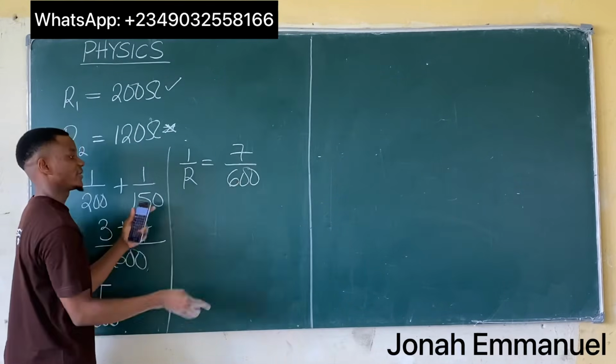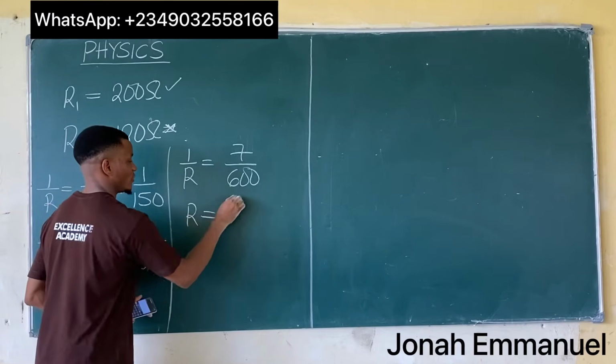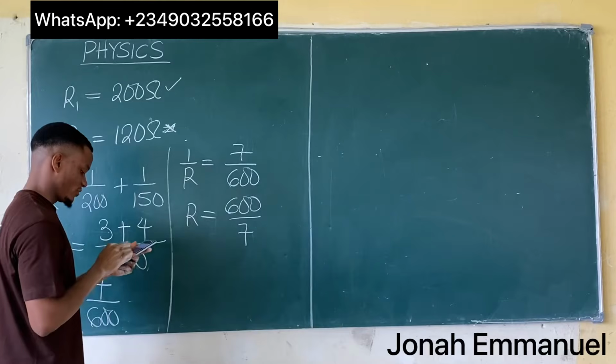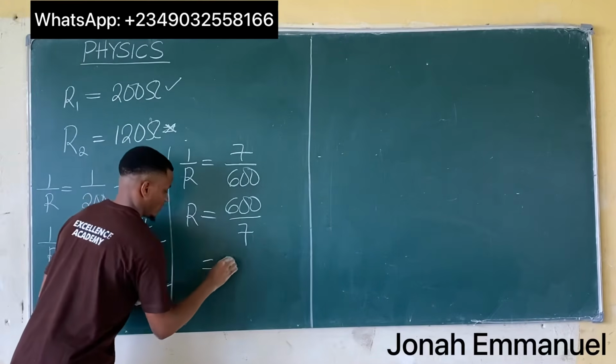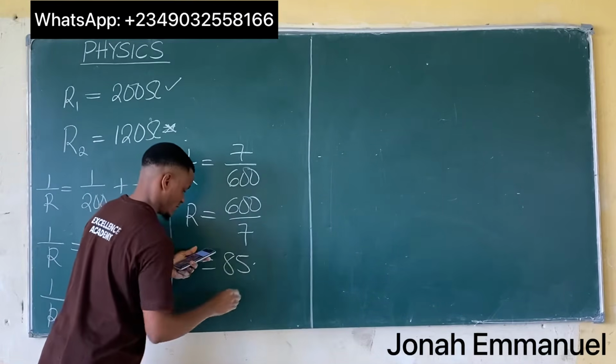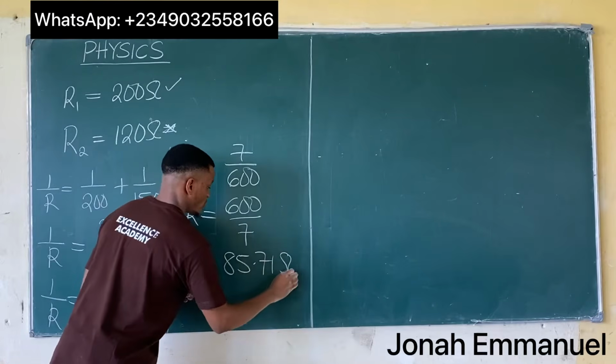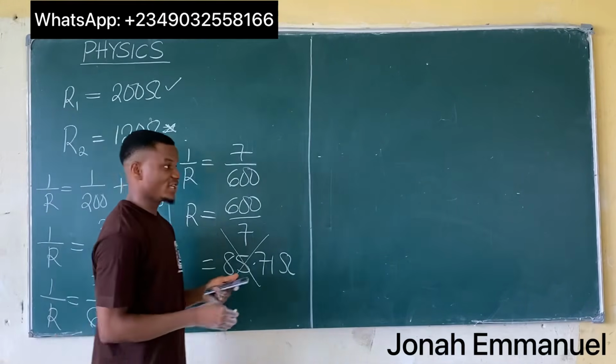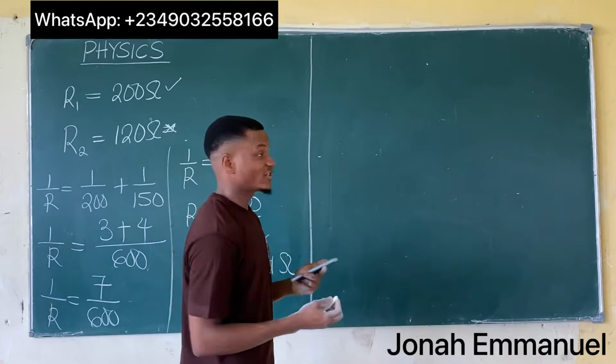To get R, simply take inverse. So R is equal to 600 over 7. Let's punch this. That gives me about 85.71 ohm, which is not what you're looking for. So this is not it. So perhaps D might be an answer, but let's confirm.